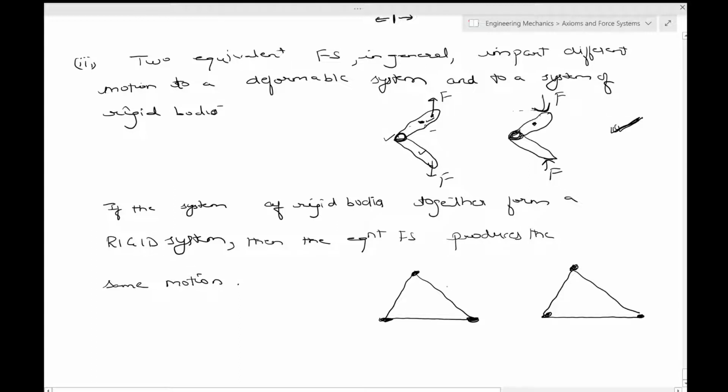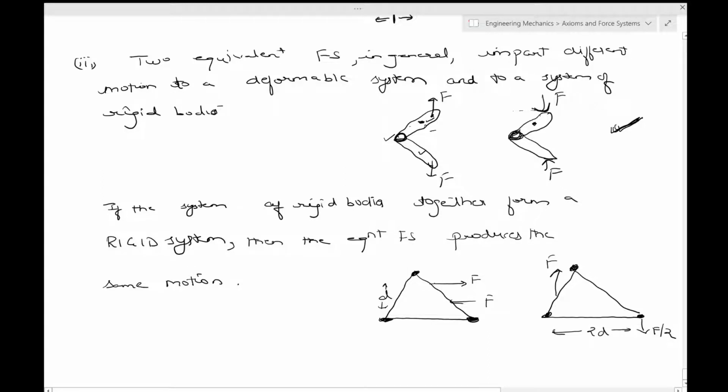So if you have this force acting like this and another force acting on this, now this separation between the two is D. Similarly, if you have this F acting like this, F and F by 2 acting like this, and the distance between them is 2D.